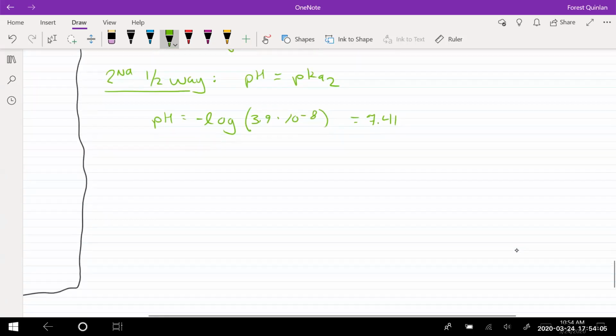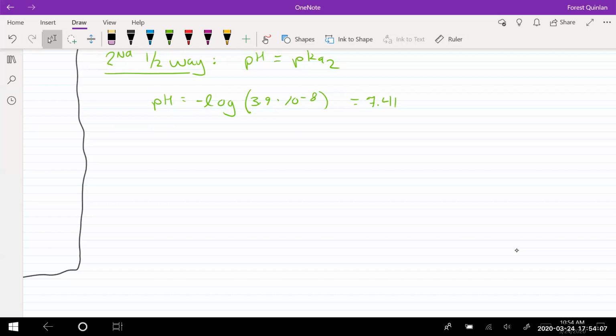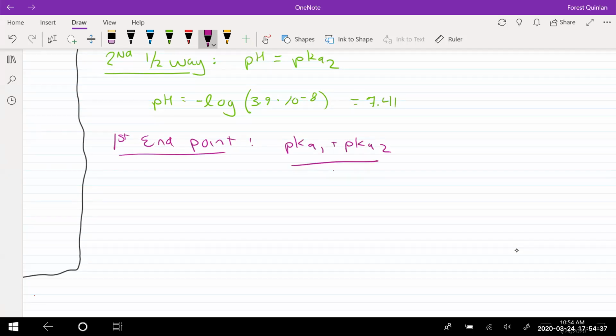And finally, we have one more that is going to be pretty easy. What's that easy one going to be? The first endpoint? That's right. The first endpoint, because we know that's going to be pKa1 plus pKa2 divided by 2.